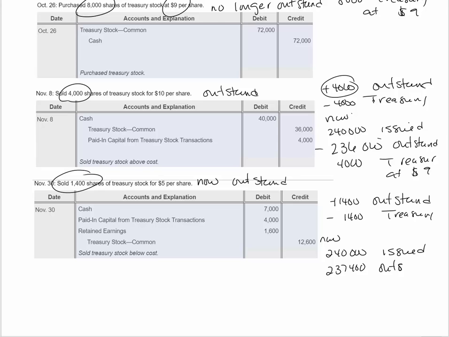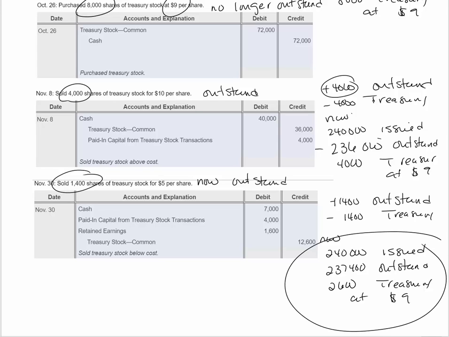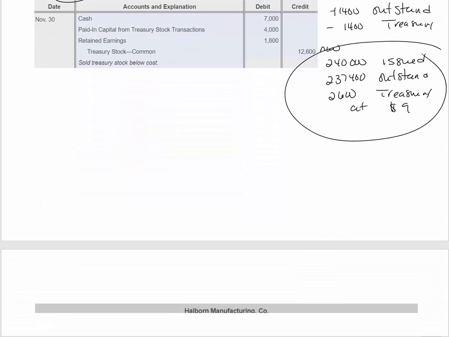So that's what's outstanding. And the 4,000 minus 1,400, we're down to 2,600 in treasury stock at the $9 that we originally paid for those. So these are my totals after all these transactions. That's what's going into the balance sheet.